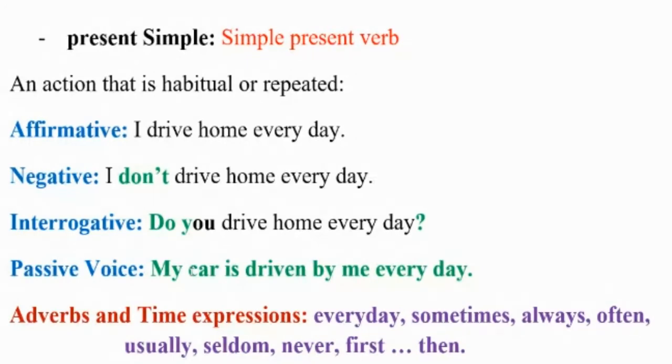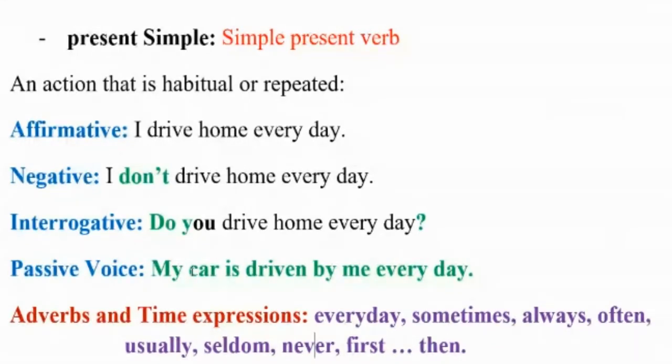I use the object, and the object becomes the subject. And then I use the verb to be. Verb to be is, because my car, the pronoun it, I have to use is. If the subject is plural, then I will use are.